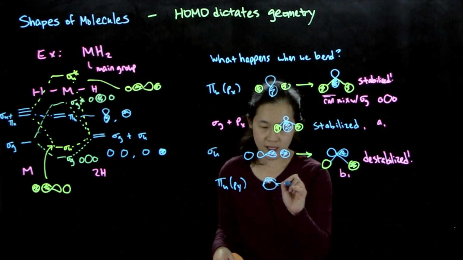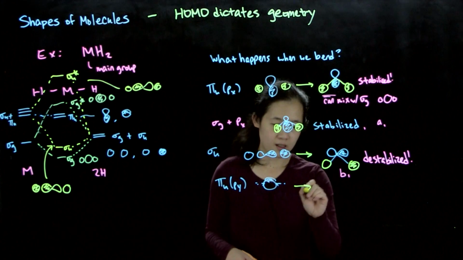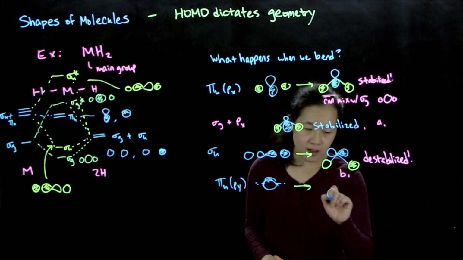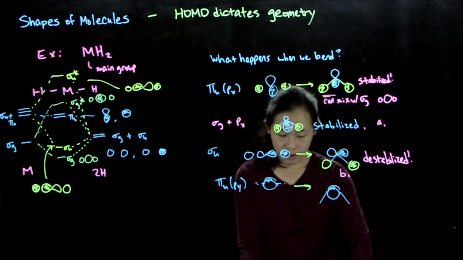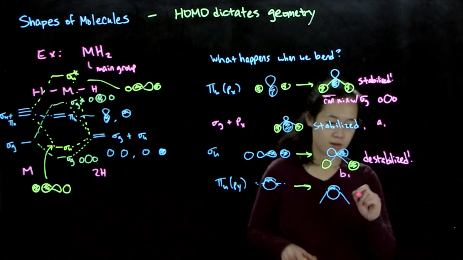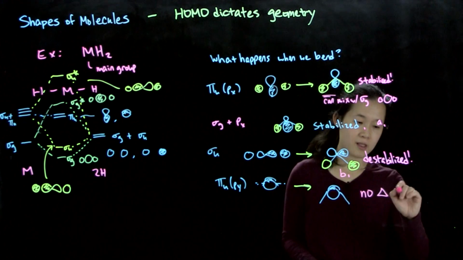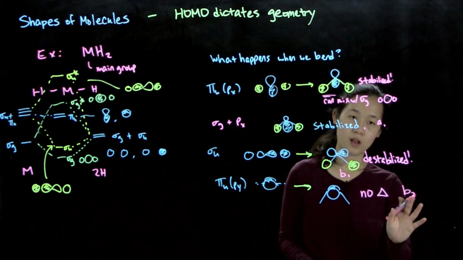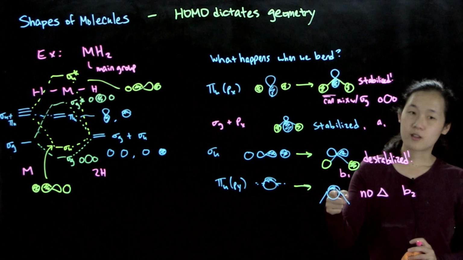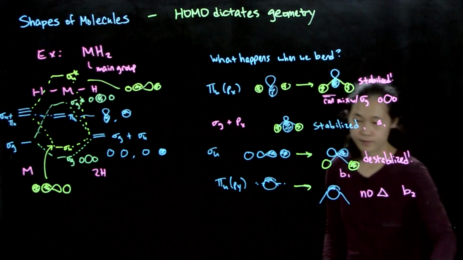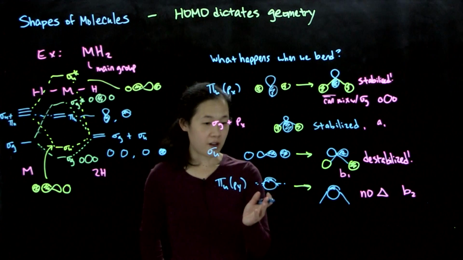Again, we had our hydrogen atoms in the nodal plane. But if we bend it, our hydrogen atoms are still in the nodal plane, but they're going down. So overall, there is no change in this energy. And this, if you remember, was the B2 symmetry irrep, which was also a non-bonding orbital centered on this middle atom.